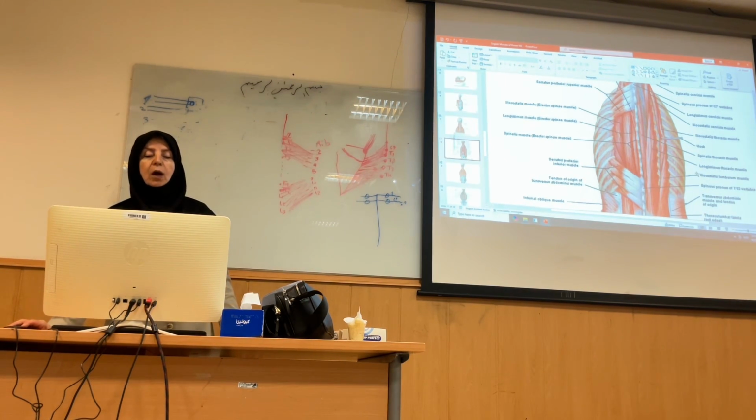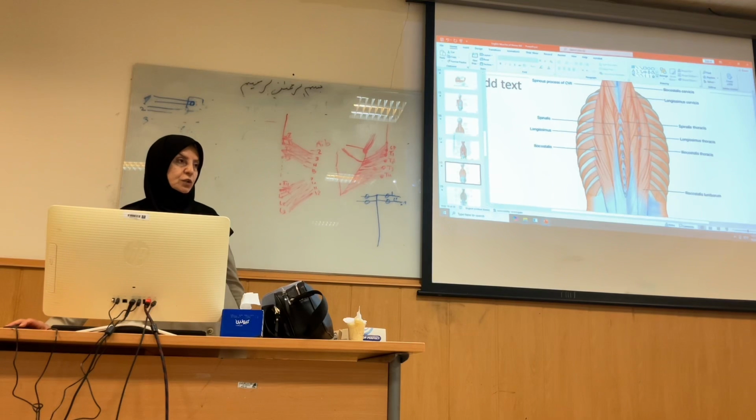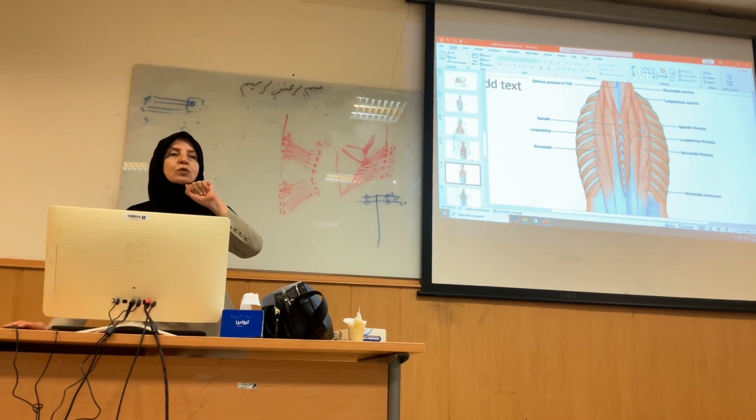Spinalis. Now, if I remove this superficial layer, in your exam it is possible I put this picture and ask you to name. What's the name of this, lateral? Iliocostalis. What's the name of this? Longissimus. What's the name of this? Spinalis. You should know that all of them have a lot of subdivisions. You don't need to understand or memorize them.